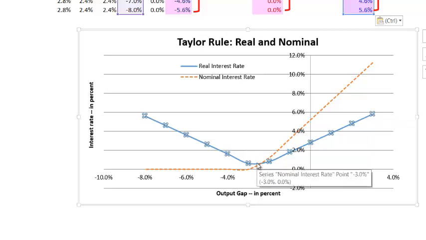But right here, as the zero lower bound constrains, we get into this topsy-turvy dynamic, since as the output gap falls, the inflation rate falls, the nominal interest rate stays where it is, which pushes up the real interest rate. So this is our zero lower bound territory.